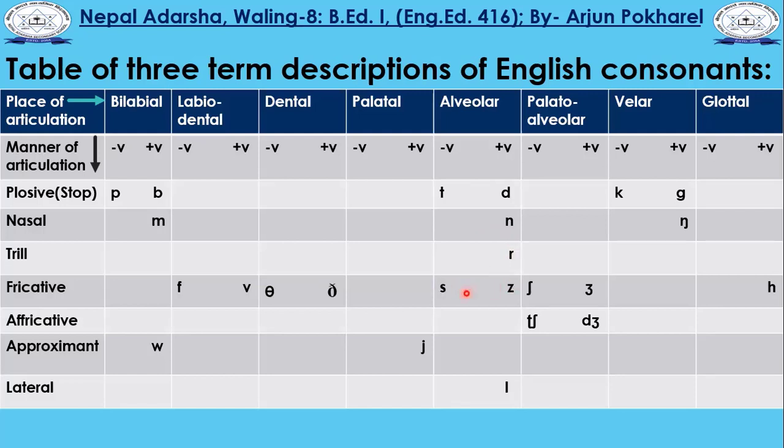Ka and ga come in a pair. But na and ha come in isolation.